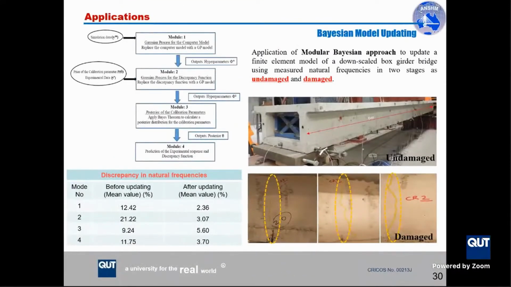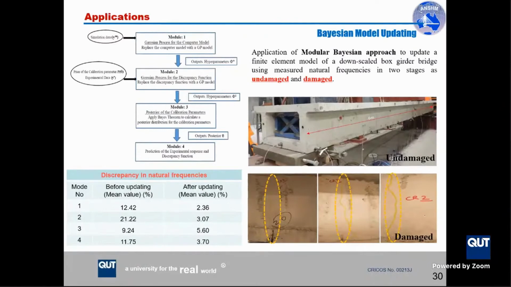Previously, I showed a study on hybrid model updating, but that is a deterministic study. Deterministic techniques rarely provide a good correlation with real data due to the structure's complexity and inherent uncertainties. So in most cases, probabilistic approaches are more reasonable.